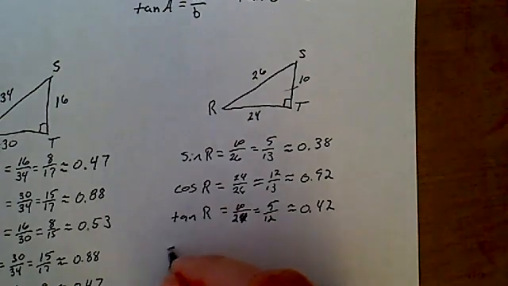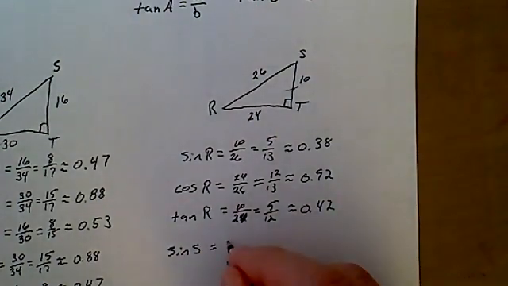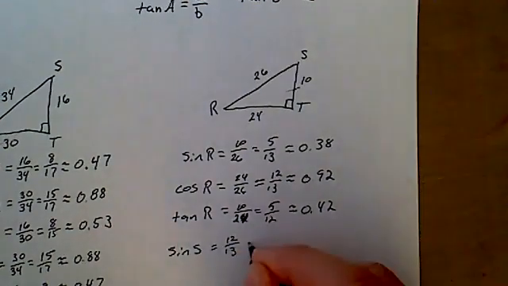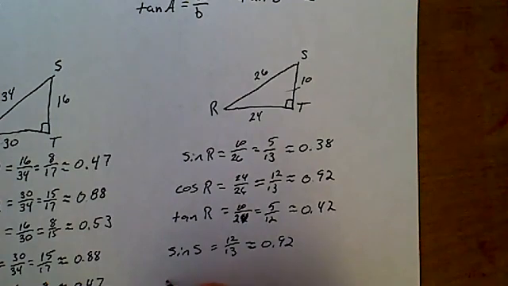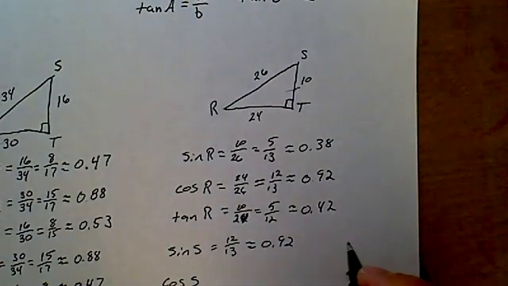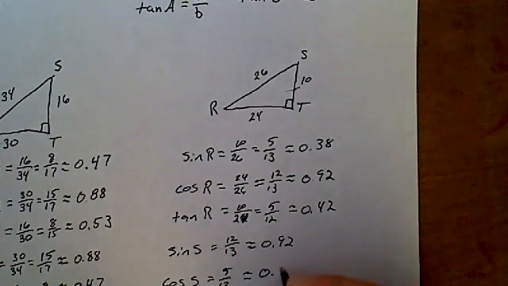So again, those are the ones we had to do. You have the sine of S, which is the same as the cosine of R. So that's 12 over 13, about 0.92. You have the cosine of S, which is the same as the sine of R. That's 5 over 13, about 0.38.